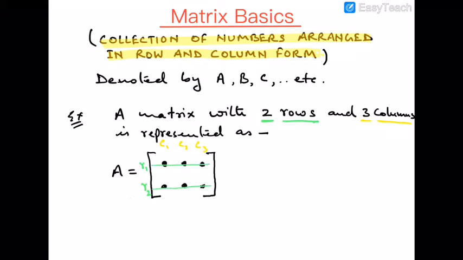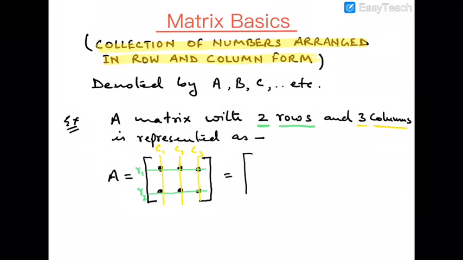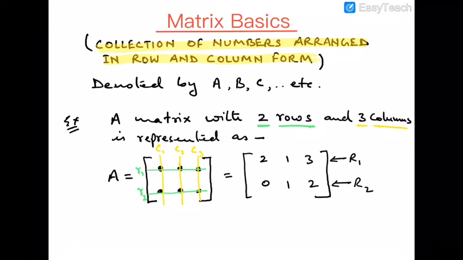Now let's replace these dots with numbers, and let's take 2, 1, 3, 0, 1, 2. So this is row 1, this is row 2, then column 1, column 2 and column 3.